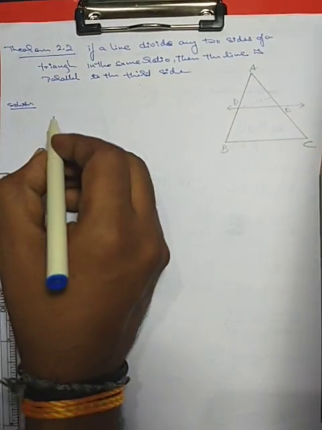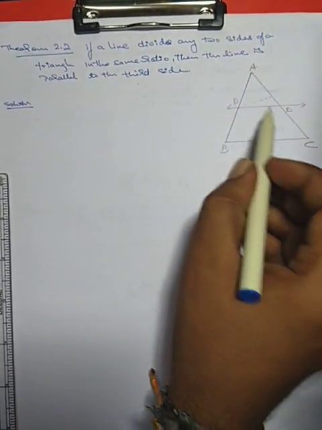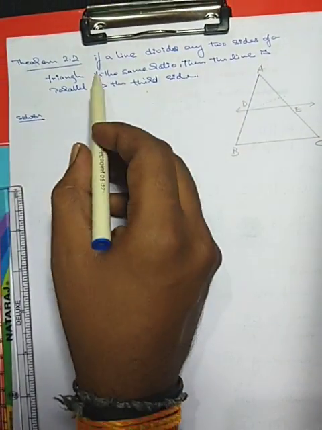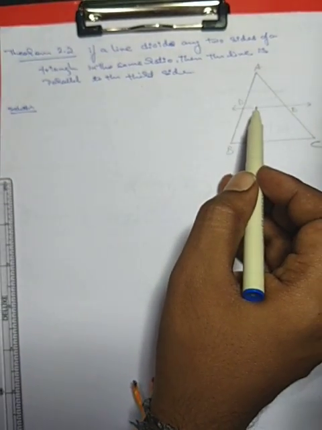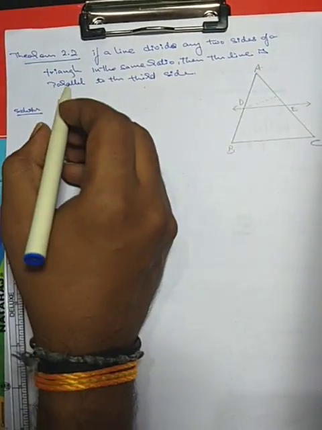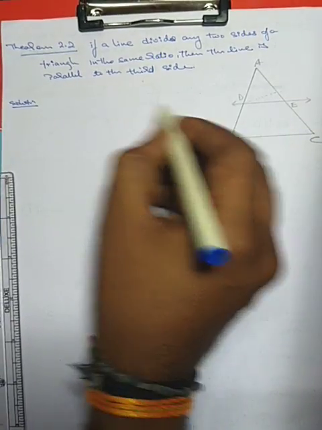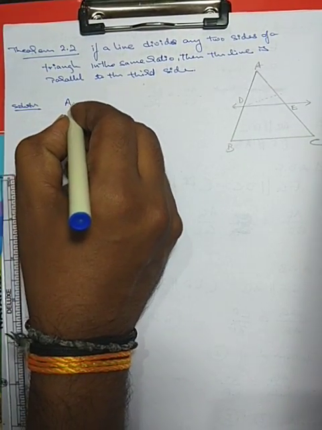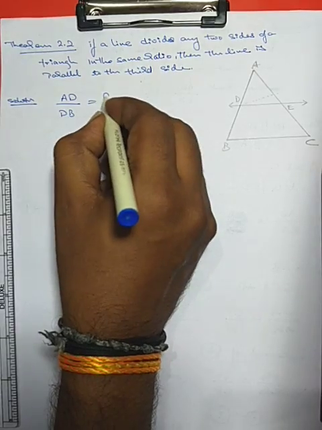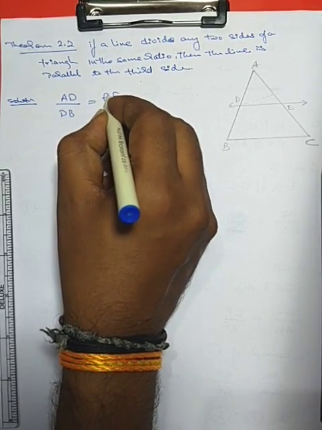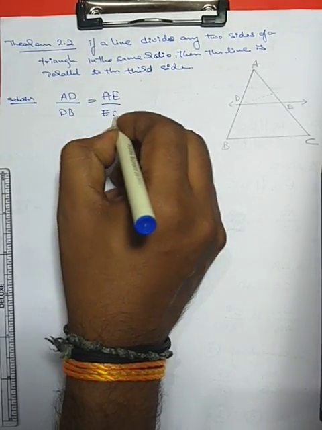So this is the triangle ABC, and it says that a line dividing the other two sides has the same ratio. So the ratio is the same: AD over DB is equal to AE over EC.